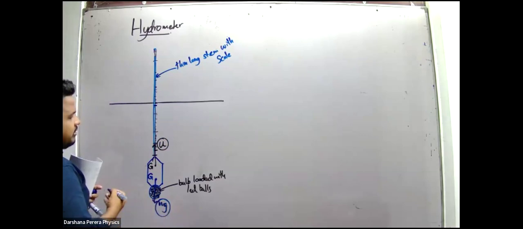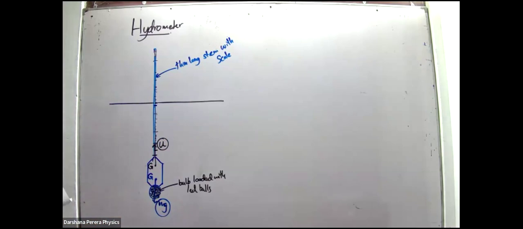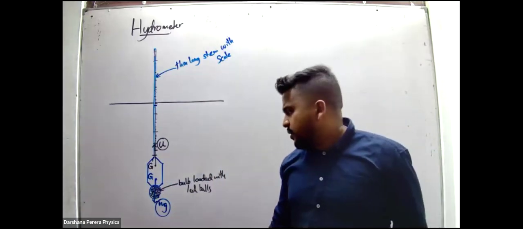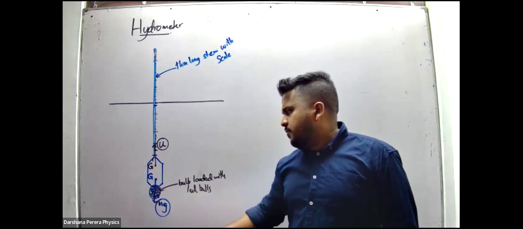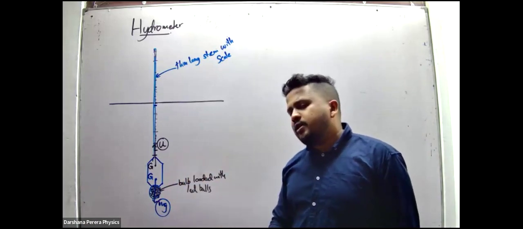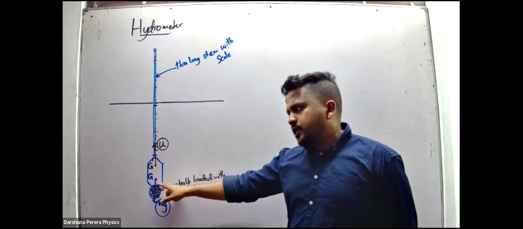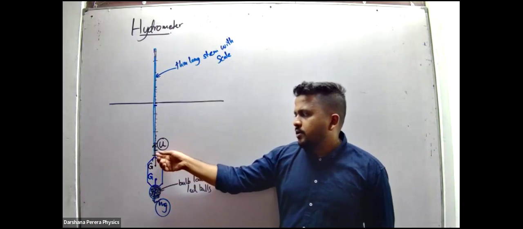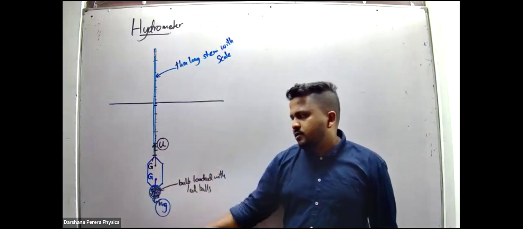Therefore, the object is in stable equilibrium. Write down: why are we using the lead balls in the bulb? Because we have to keep the center of gravity G lower. Therefore we use these lead balls.